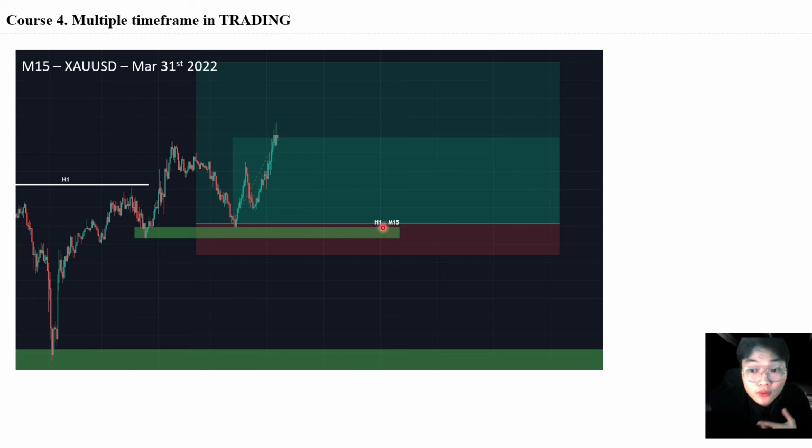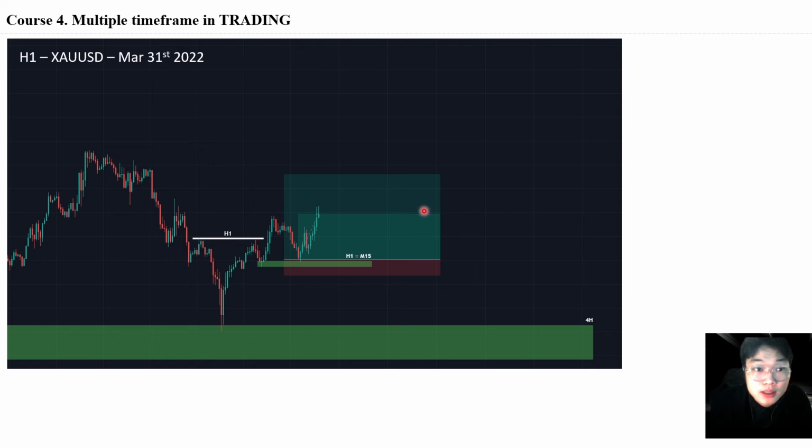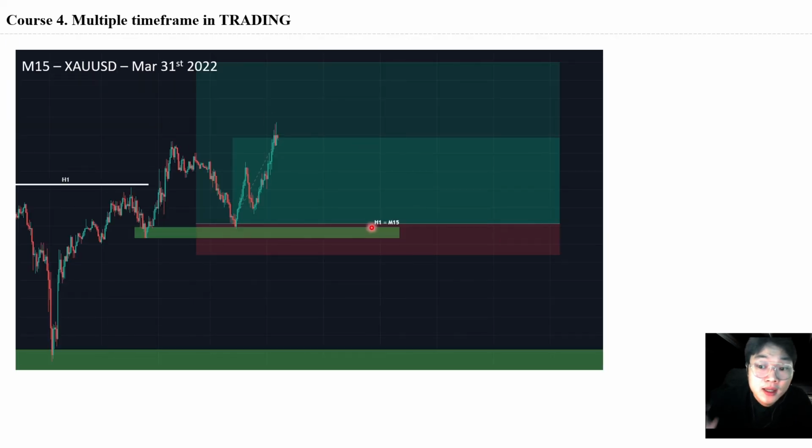That is the confluent strategy in the key level strategies with supply and demand. And that is generally how to analyze with top-down analysis: you analyze the 4 hour, 1 hour, and 15 minute time frames, and enter really nicely like this.